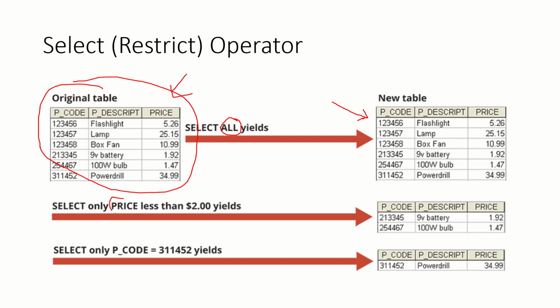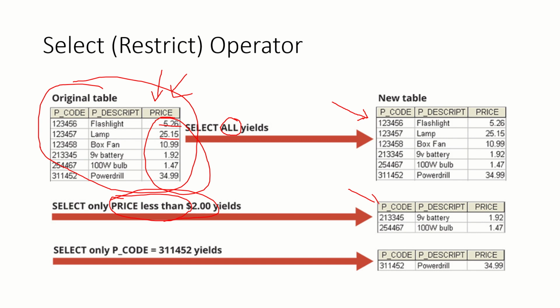If you put another condition right here, you say all the prices less than $2. Okay, so the condition is the price. Then you compare each of the prices, and those less than 2 you can put into a new table.